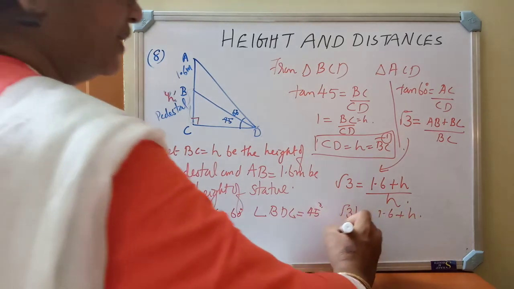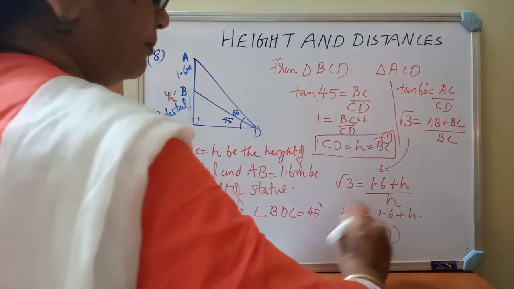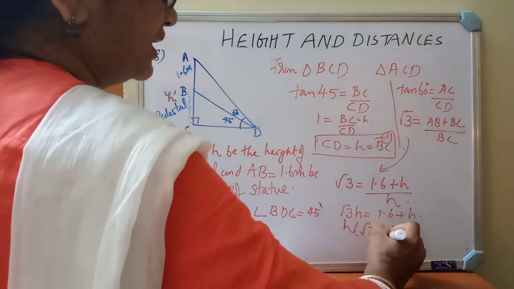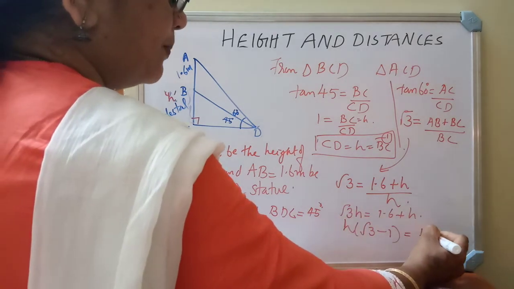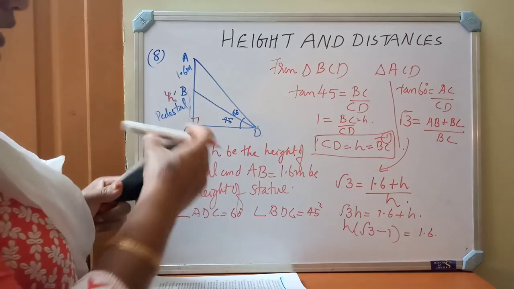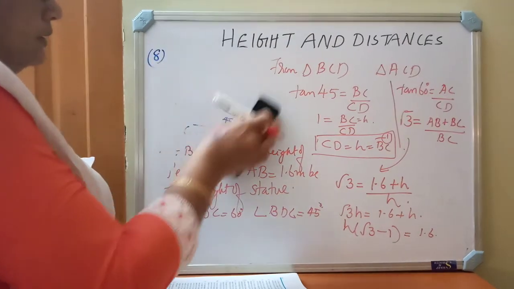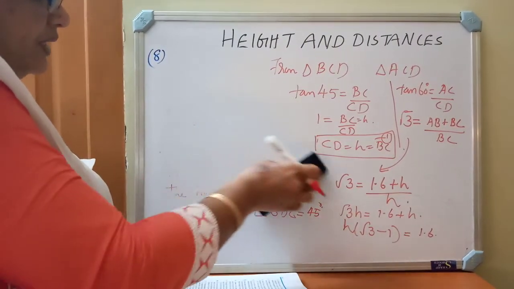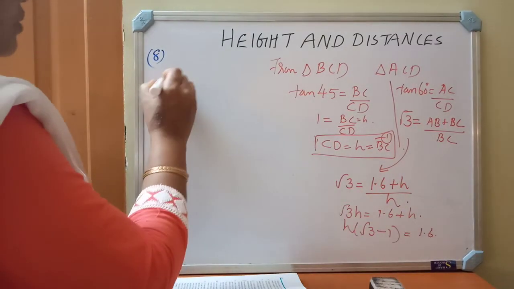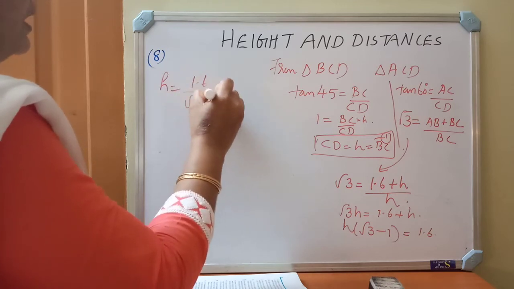How will you get it? H into root 3 minus 1, because root 3 H minus H, is equal to 1.6. I will draw the diagram, then final calculation I will show here. So H is equal to 1.6 divided by root 3 minus 1.